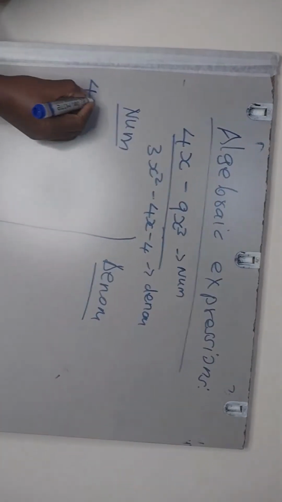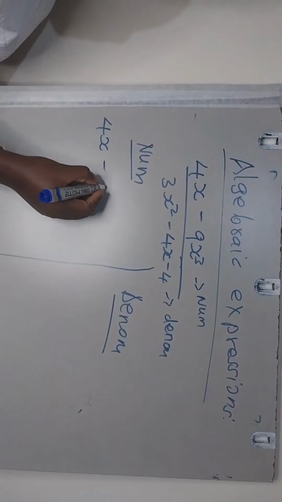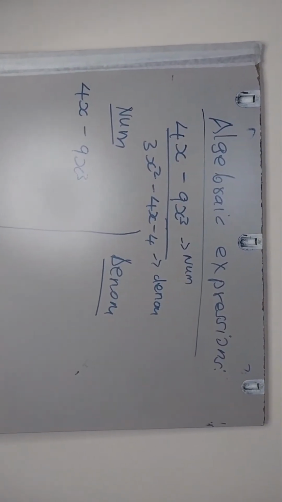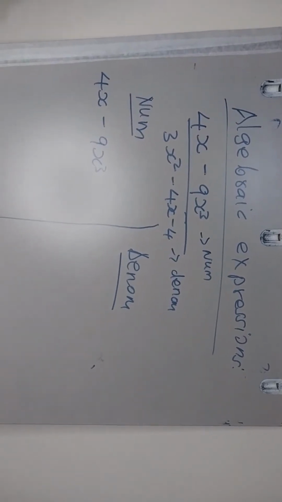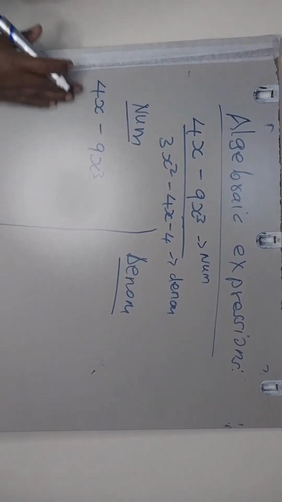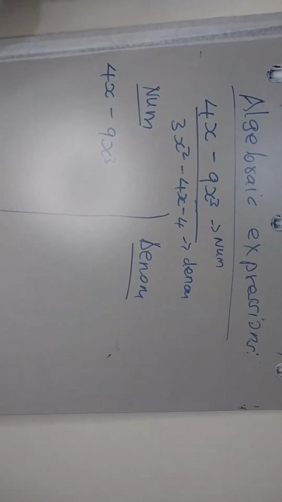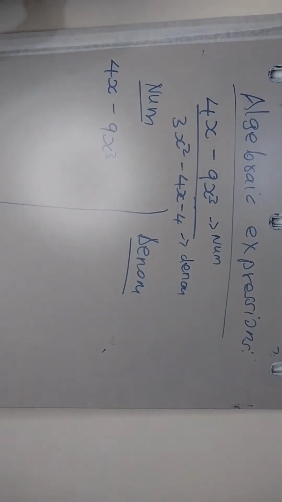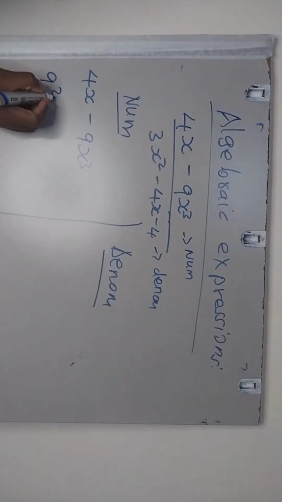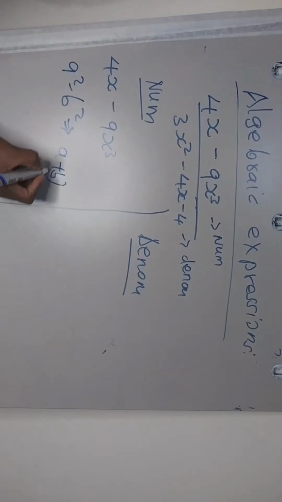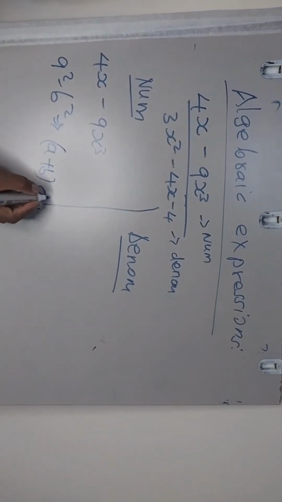What does our numerator say? 4x minus 9x cubed. Once you see an expression with 2 parts, look at whether part A is squared and part B is squared, because A squared minus B squared comes from (A plus B) into (A minus B).